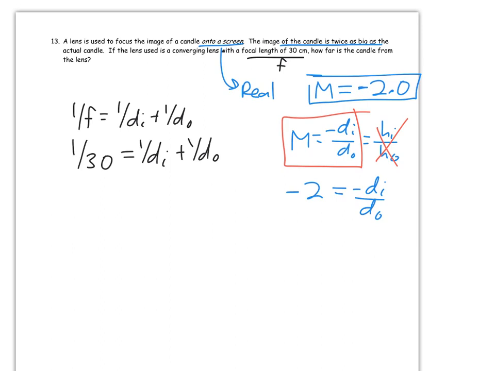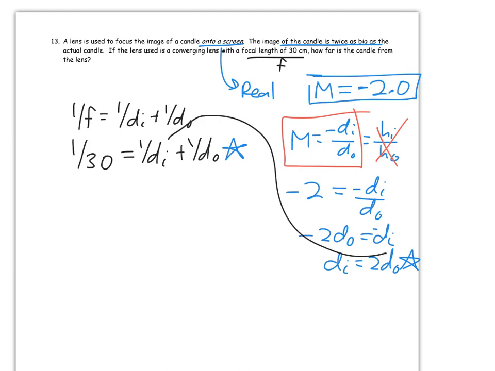However, what we can do is we can say negative 2 do equals negative di, so that means that di is just 2 do. And that actually allows us, with this equation and this equation, gives us enough information to be able to solve this, because I can substitute in 2 do for this di here. And so I end up getting 1 over 30 equals 1 over 2 do plus 1 over do.